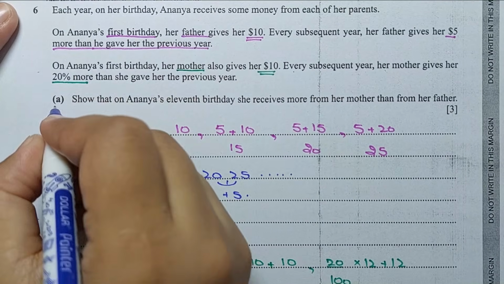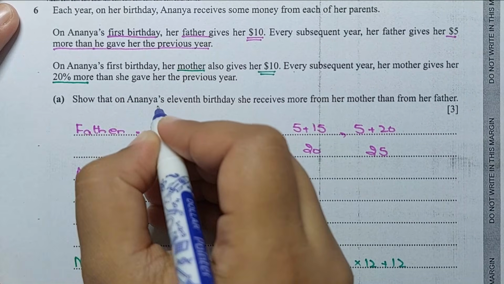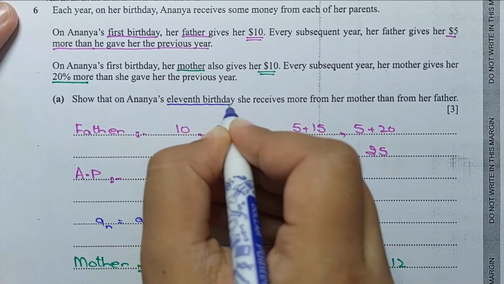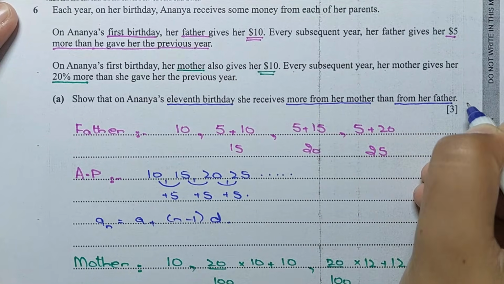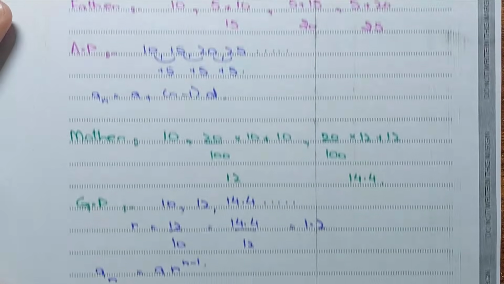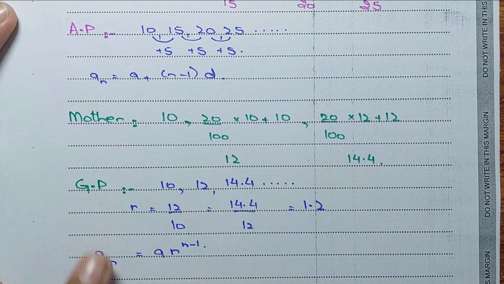Now the question says, part A, show that on Anaya's 11th birthday, she receives more from her mother than from her father. 11th birthday means the n value is 11.